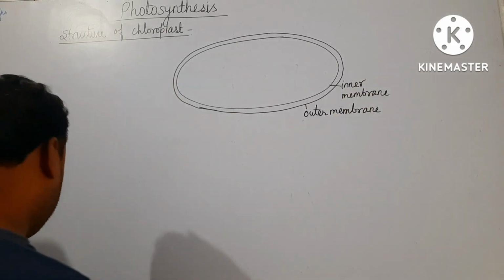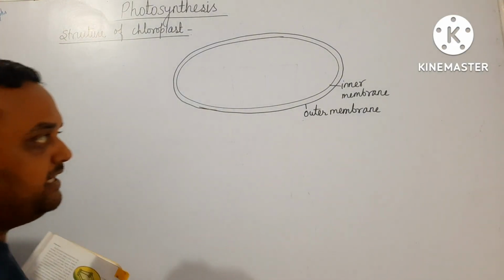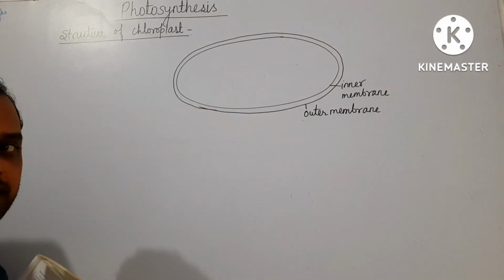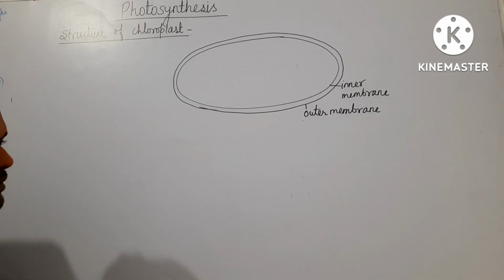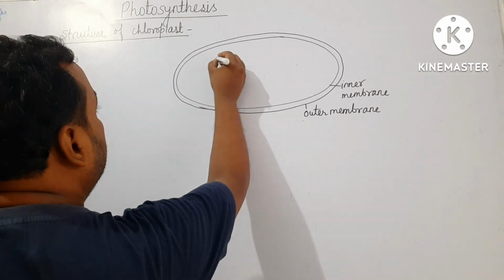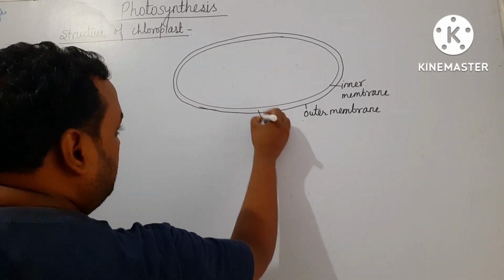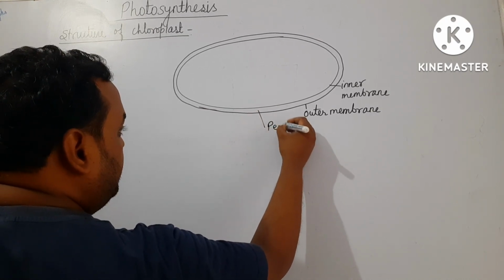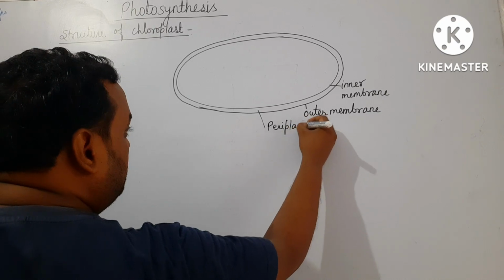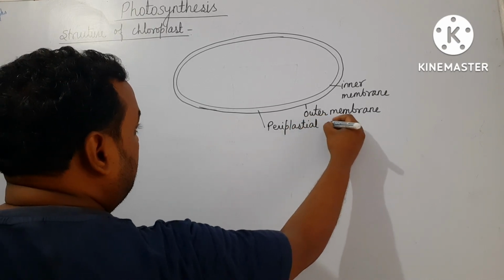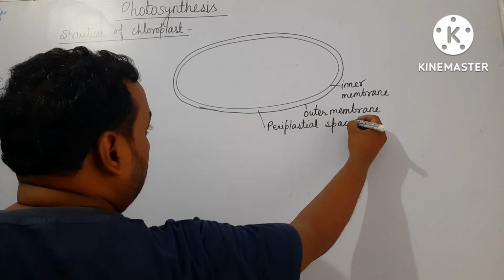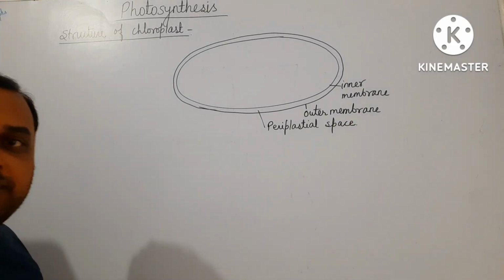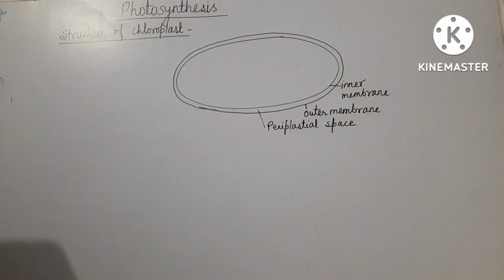Between the inner membrane and the outer membrane there is a space present that is known as periplastidial space.